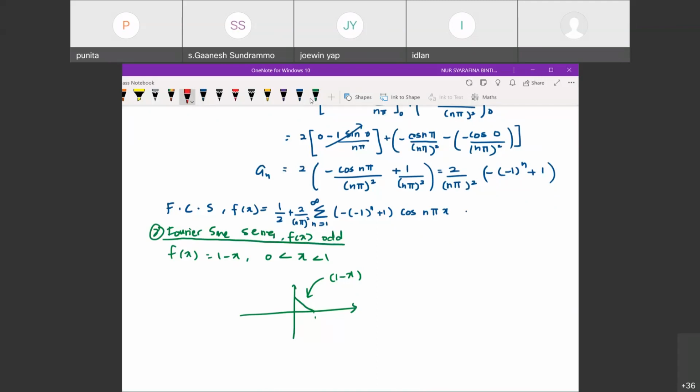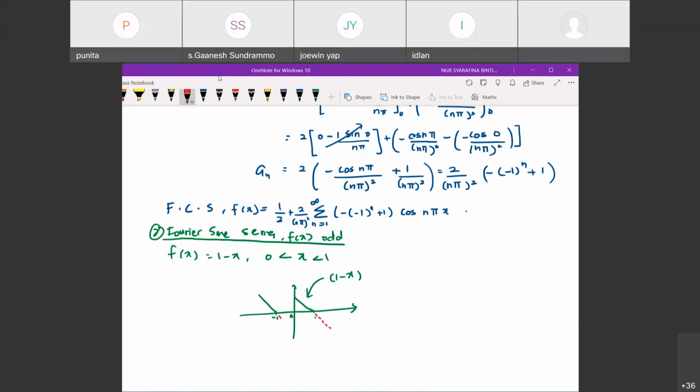Then we just can extend to this. This is 0, this is minus 1.